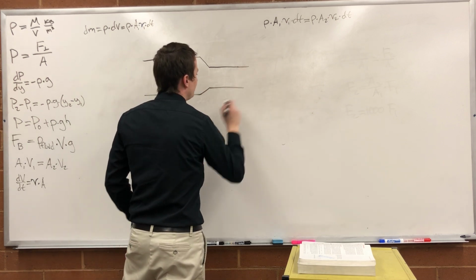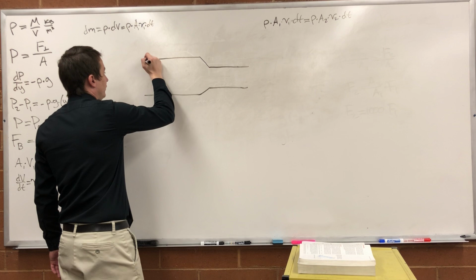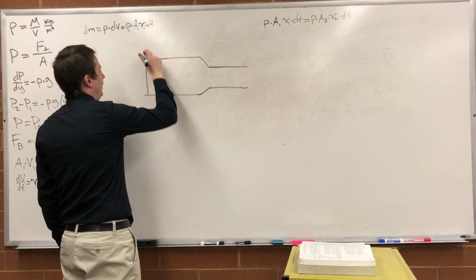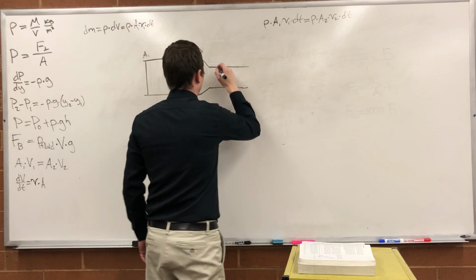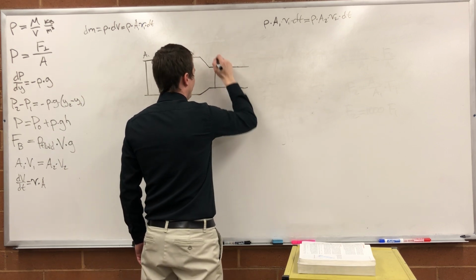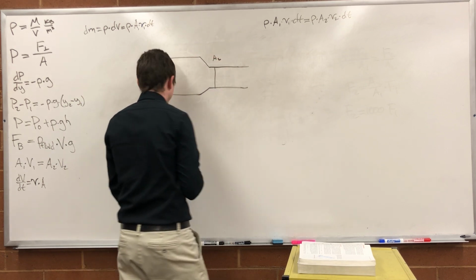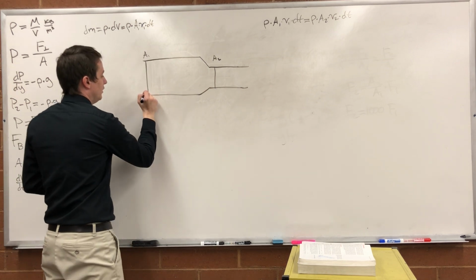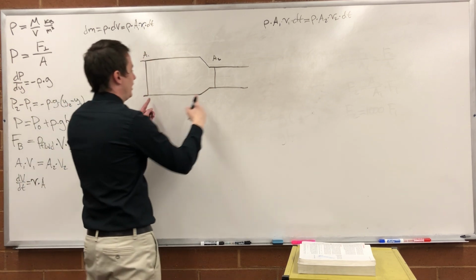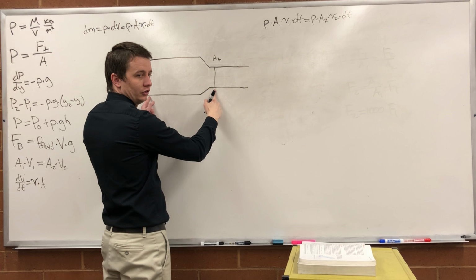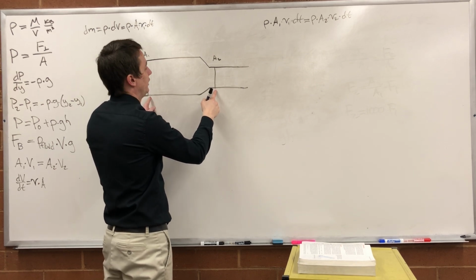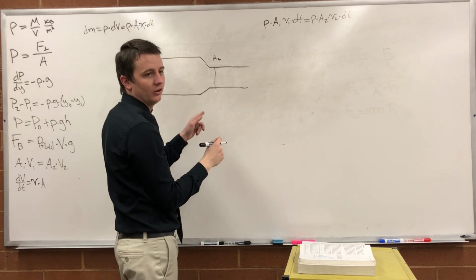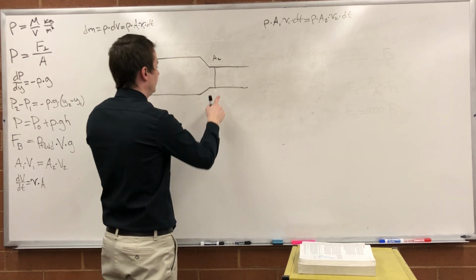So I'm just going to draw like that. Okay, so we've got cross-sectional area here, A1, and we've got cross-sectional area here, A2. And we're looking at all the water in between. So I'm looking at some segment of water where the area of the water changes over the interval.